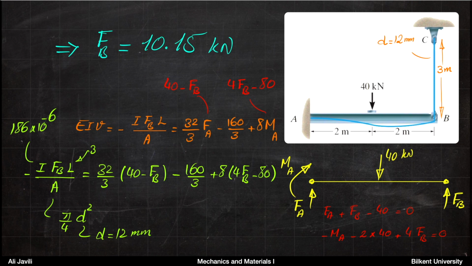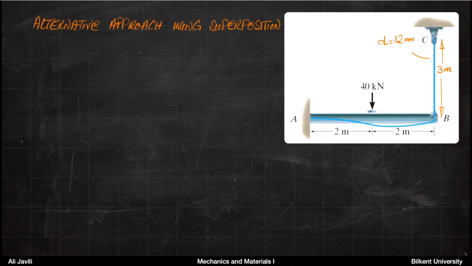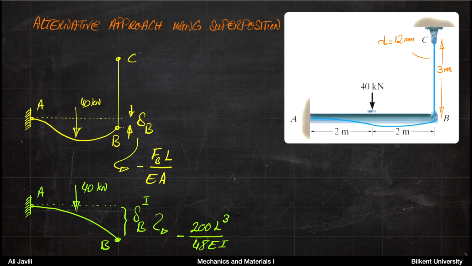But before we finalize this, we want to alternatively solve this using the method of superposition. And you will see how simpler it gets. If you want to look at this problem using the principle of superposition, you can split the system into 2 systems.